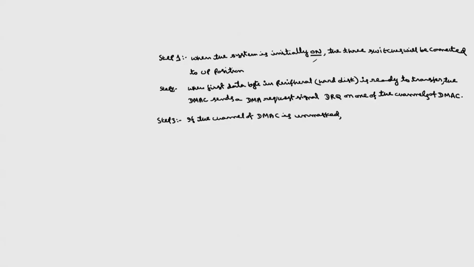In case of DMA, we need to connect the address bus, data bus and control bus between the DMA controller and memory. So the DMA controller needs the use of the system bus. It will request the system bus through the hold signal.